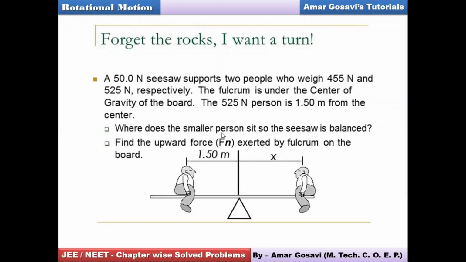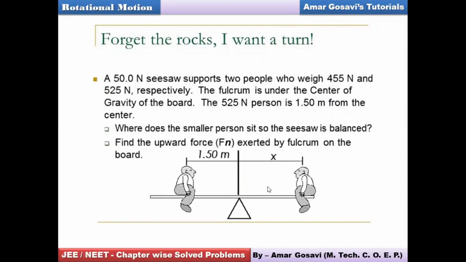Where does the smaller person sit so that the seesaw is balanced? This is one part which you need to understand. So let this smaller person with a lesser weight sit at distance x from the center, the point of the fulcrum. And the second part of the question says, find the upward force Fn exerted by the fulcrum.